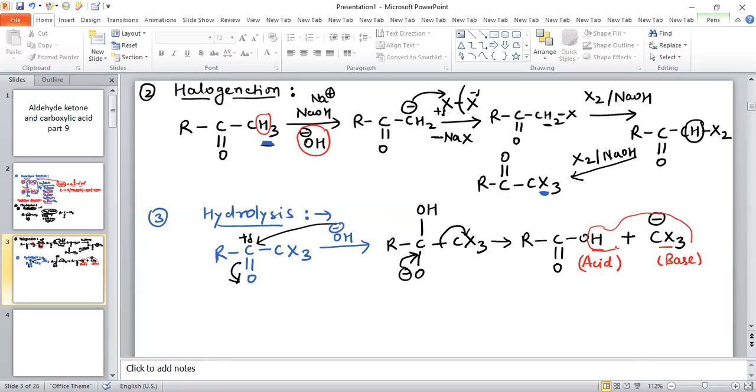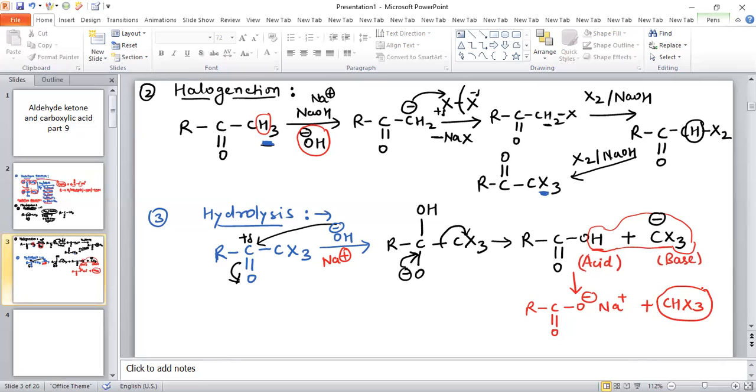So this will convert into R, C double bond O, negative charge, and sodium, which is the counter ion because NaOH is added. So this sodium will attach on this oxygen, and the other product is CHX3. So this haloform is obtained as a product.